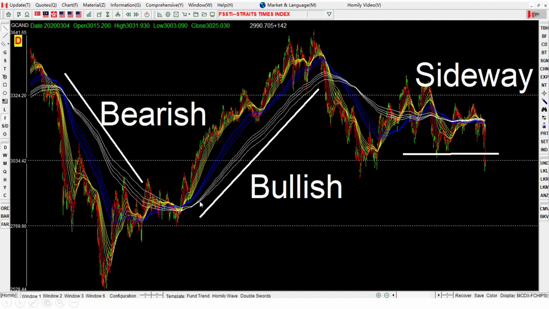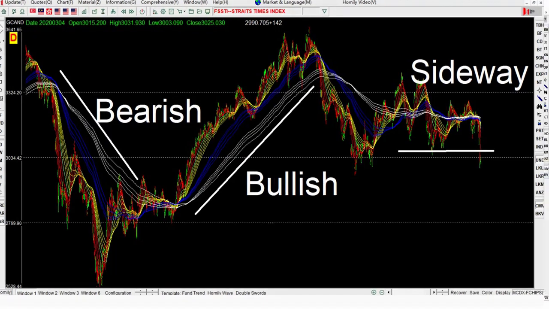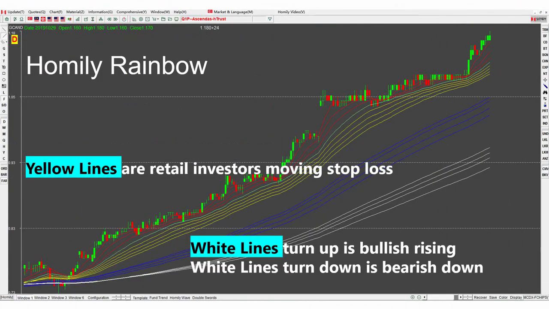Also, it will rise for at least 1 year. If the white line goes sideways, it will be sleeping for at least 1 year. So these are the basic rules of the stock market. And for the homely rainbow, the white line can tell us whether we have a big chance or not. If the white line turns up, it is bullish rising.